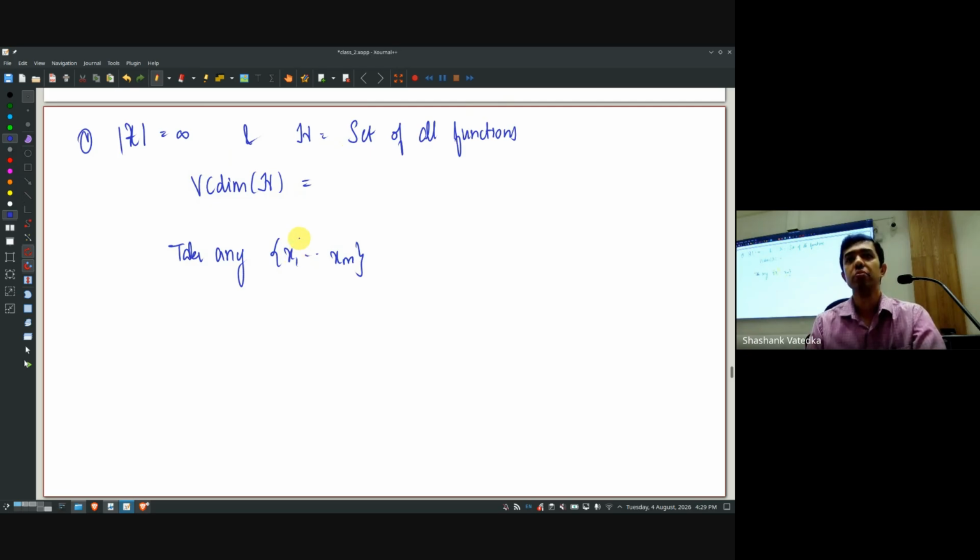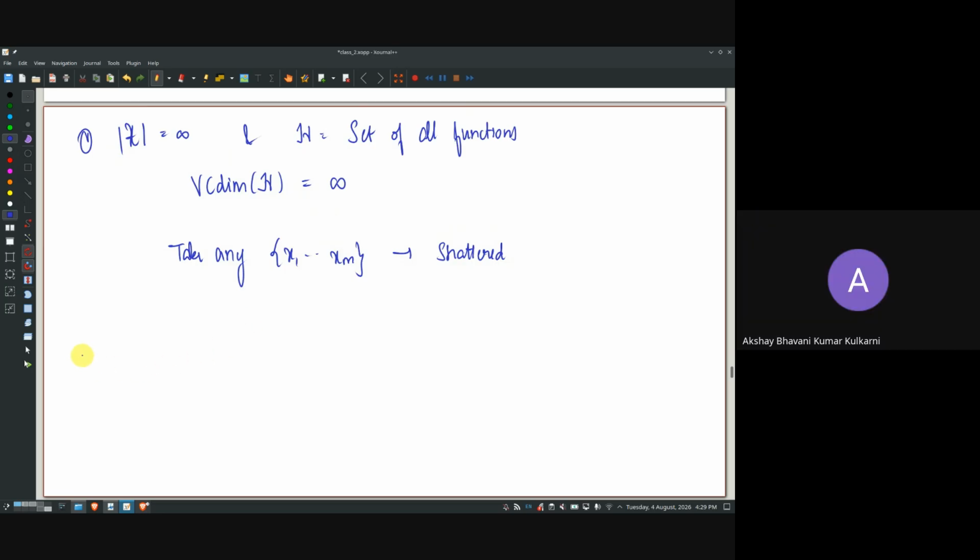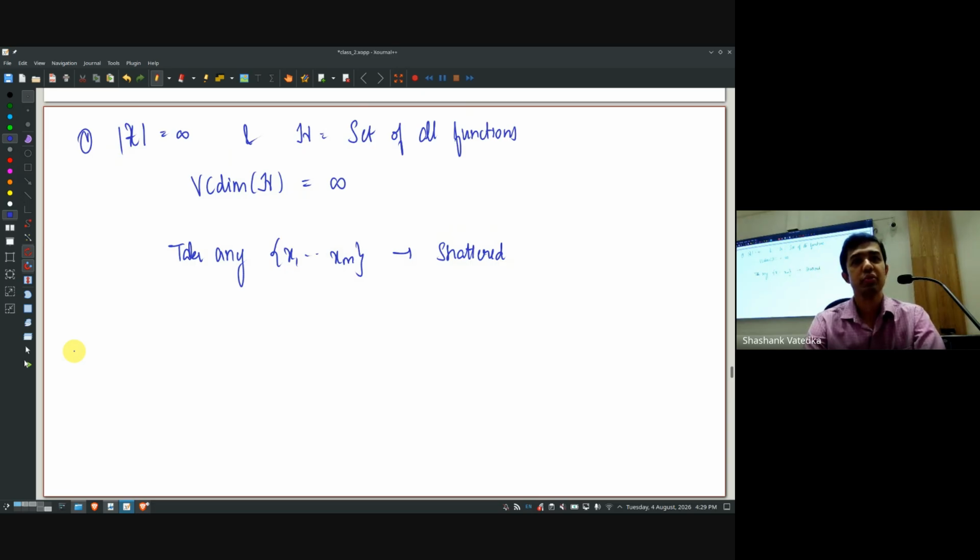And I can do this for every m because H is the set of all functions and the cardinality of X is infinite, so I can find m distinct points from X. So the VC dimension of H is infinite. Any questions? I can do this for m+1, m+2, m+3, and so on. All of them are shattered.